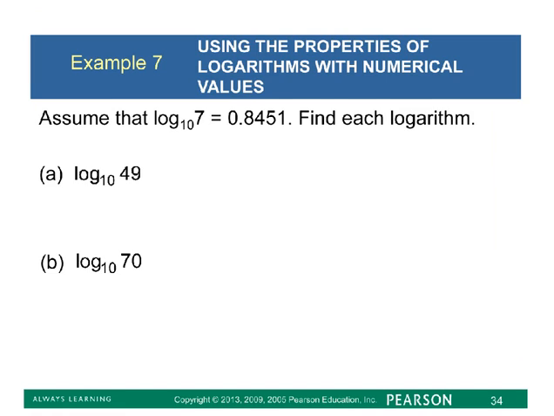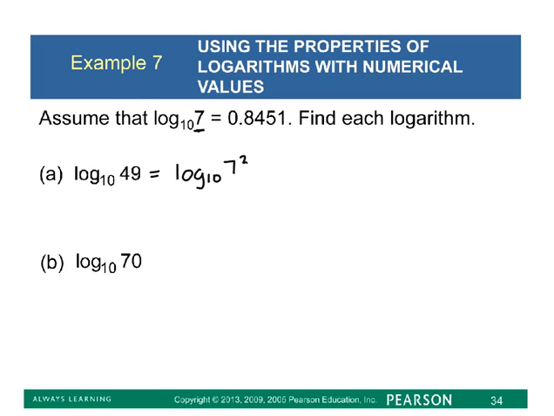Okay, let's use this and our properties. This fact right here is written up for us. It says log base 10 of 7 is equal to this decimal number, and we're asked to find each of these logarithms. Using this fact, we have log base 10 of 7. We should know that 49 is the same thing as 7 squared.